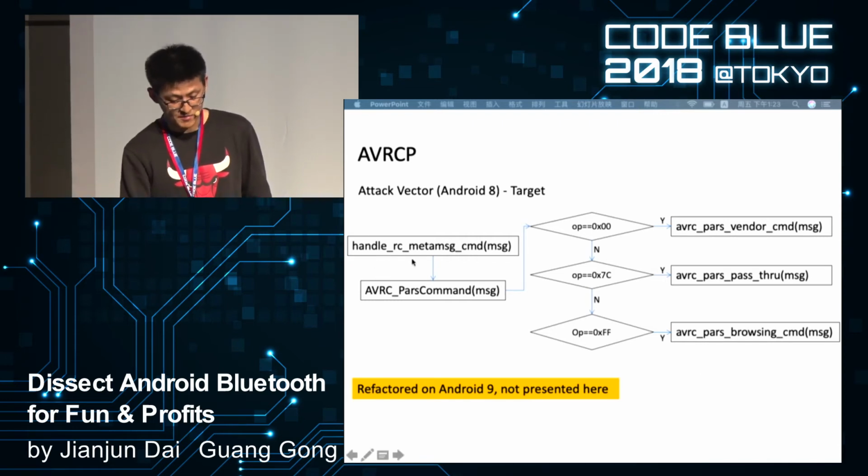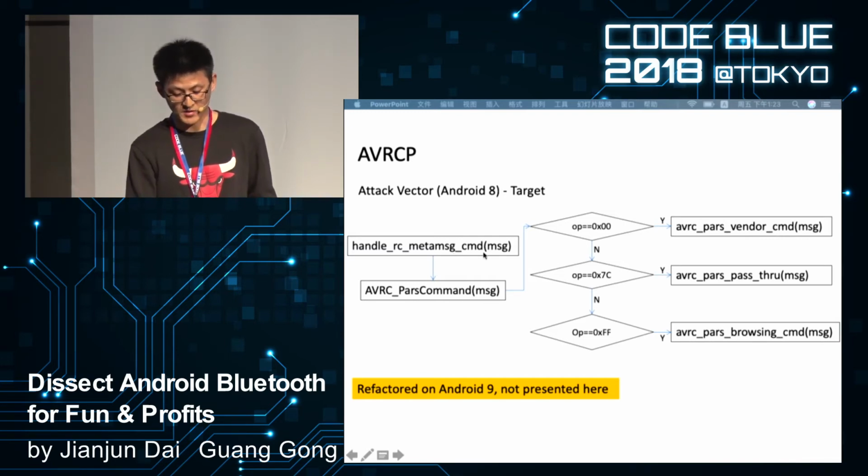The function handle RC metadata message CMD is the main entry to handle AVRCP data.